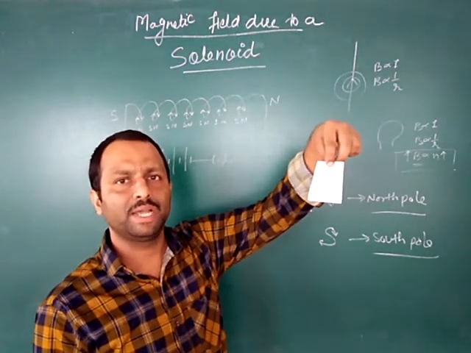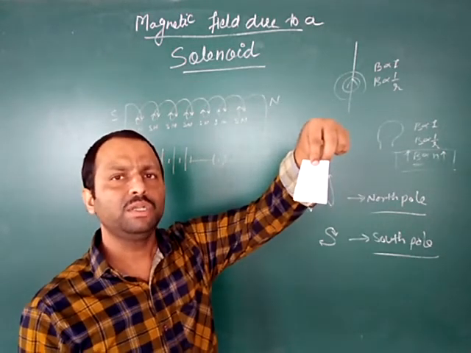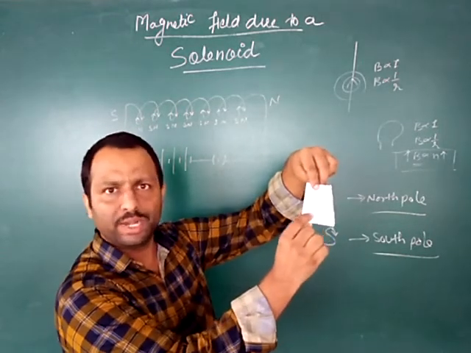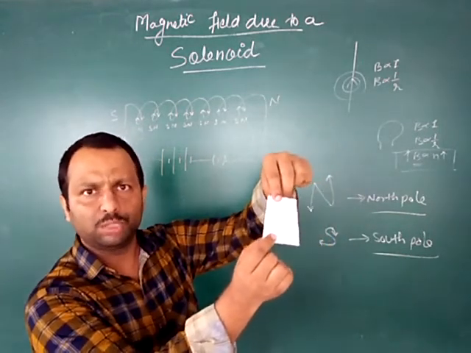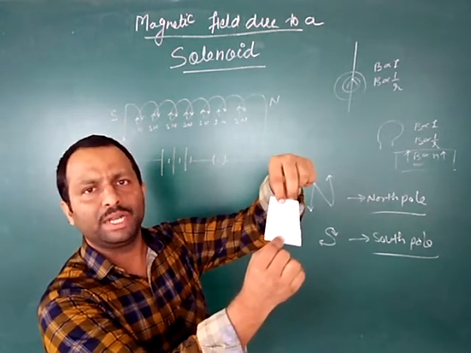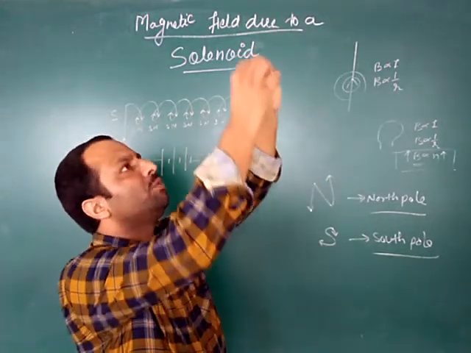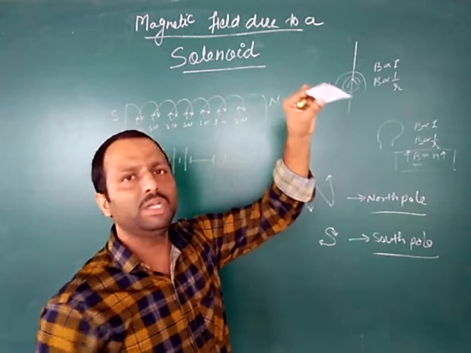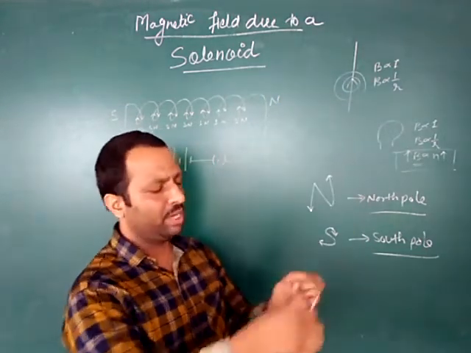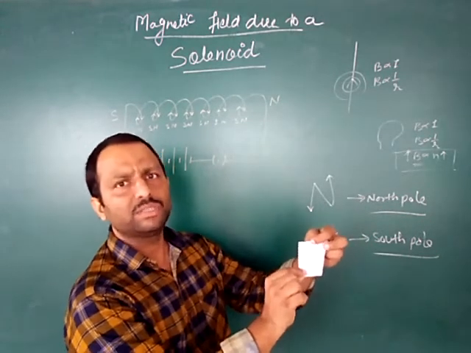Now it will appear as a clockwise direction, and clockwise direction means the south pole. So N represents the north pole, meaning the current is anti-clockwise, and if you reverse it, the direction will be clockwise.